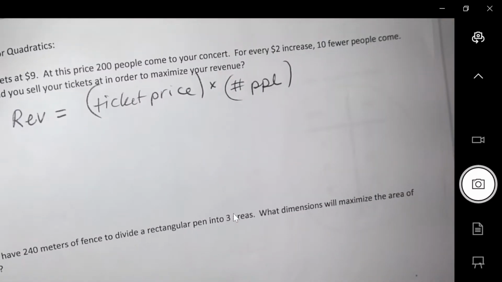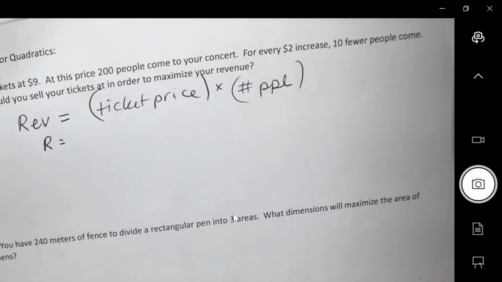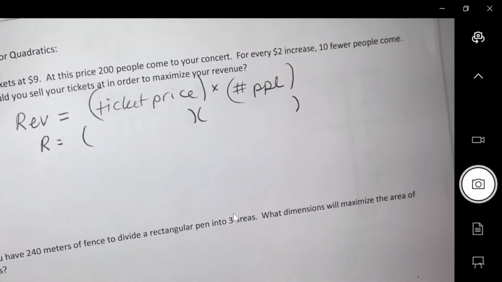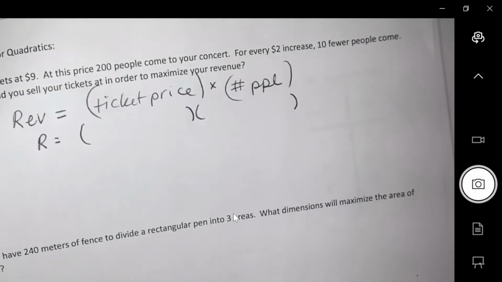Does that make sense? We're going to take whatever the ticket price is and times it by however many people or sales are happening. Okay, so give yourself two brackets. The one bracket is going to represent what's going on with our ticket price, and the other bracket will represent what's going on with our people.